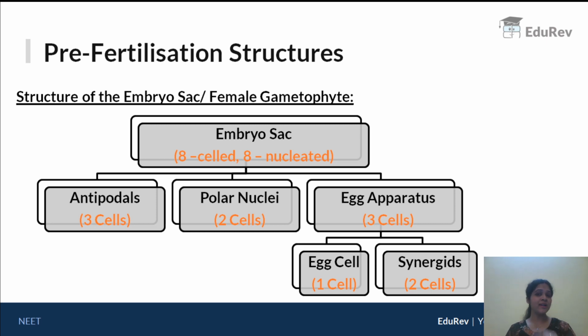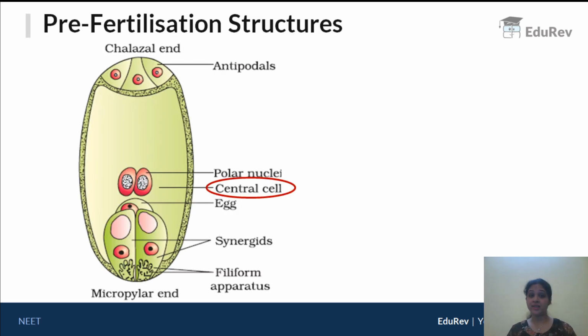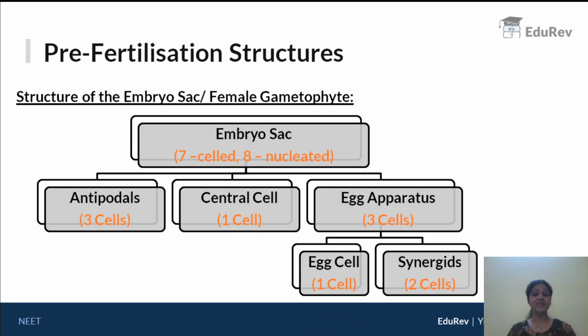However, if a central cell is formed, as we can see here, sometimes the polar nuclei may fuse to form central cells. So if the central cell, which is a diploid cell having the secondary nucleus, is formed, the formula changes a little bit. You will have three antipodals, you will have one central cell instead of two polar nuclei, and you will have three cells in the egg apparatus, which means the embryo sac is no longer 8-celled, 8-nucleated, but it is 7-celled, 8-nucleated.